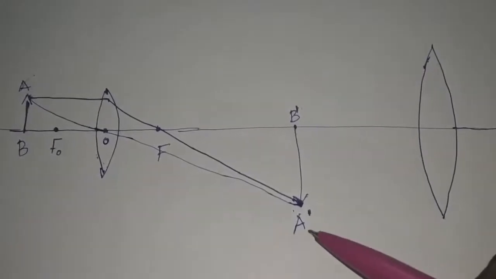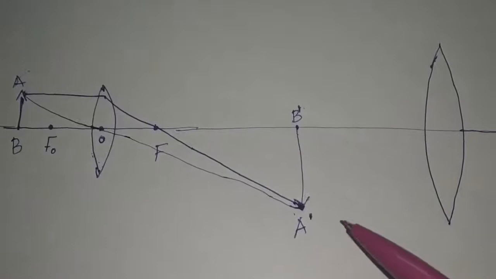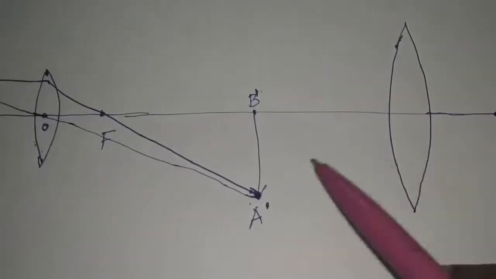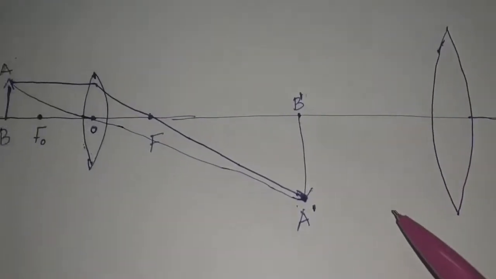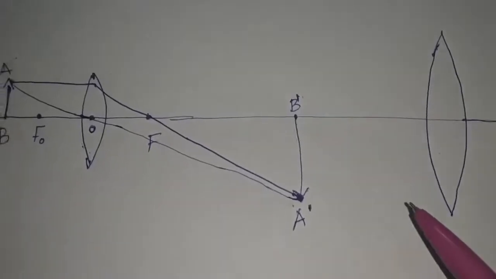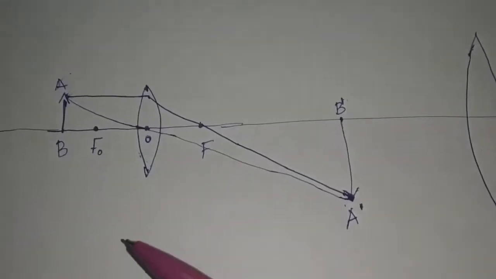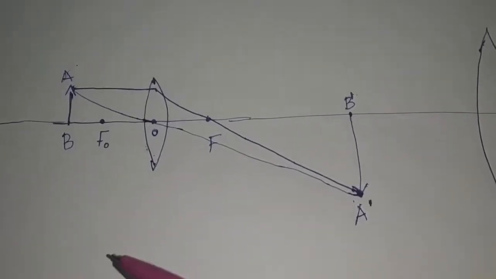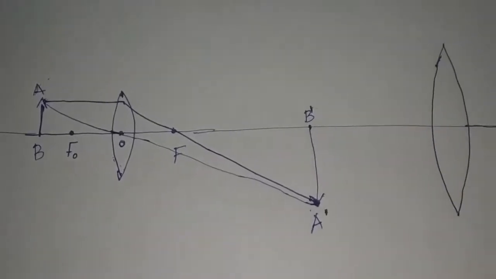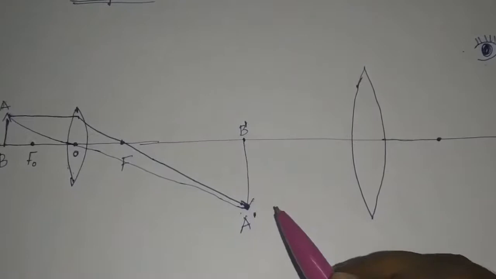Here this A dash and B dash, the image, behaves as the object for the eye lens. So the position of the eye lens is adjusted in such a way that the image A dash, B dash falls within the principal focus of the eyepiece. For image formation, we have to follow two rules.